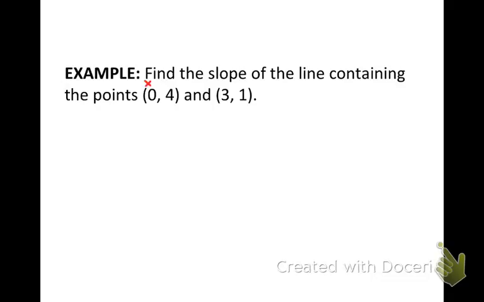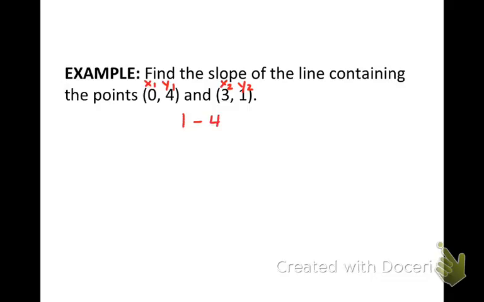If we have x1, y1 for my first point, and in point 2 I would have x sub 2, y sub 2. So subtract your y's, subtract your x's, make them into a fraction.